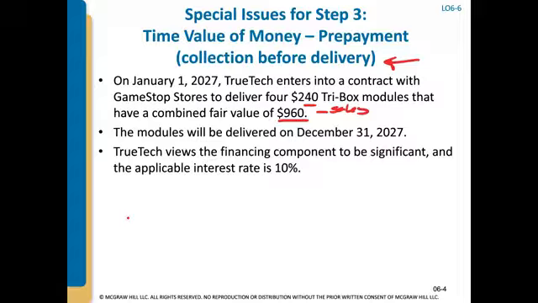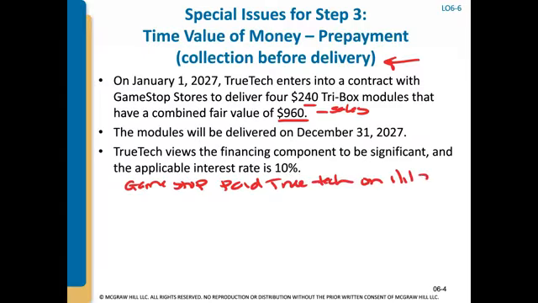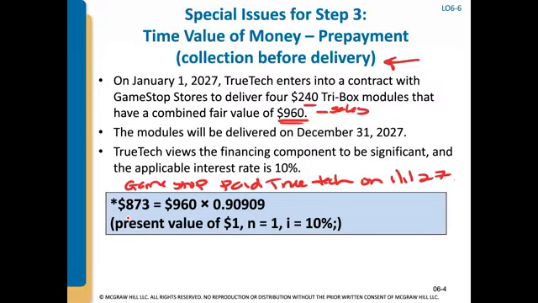What this problem doesn't tell you, and it should, is that GameStop paid TruTech on 1/1/27, but we are not told how much. We're just told that the fair value of the product is $960.